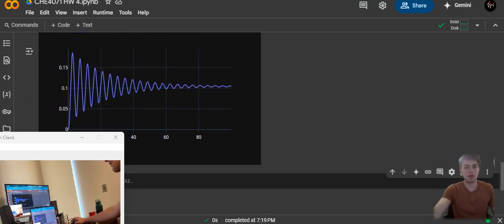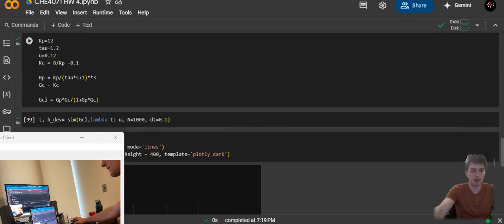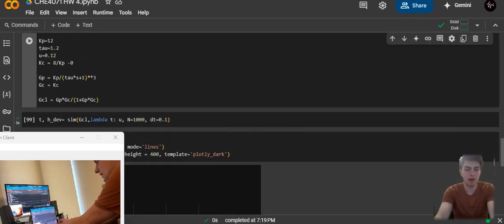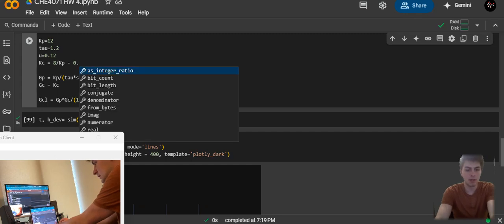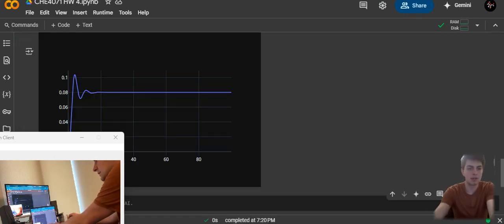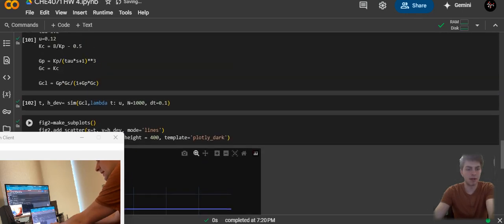Okay, so again, we're right below our maximum value for Kc. So this is exactly what we would expect to see in terms of the system. We have our oscillations really start to die out over time. Obviously, if we dropped our Kc value a ton, we should start to see our system approach steady state a little bit faster.